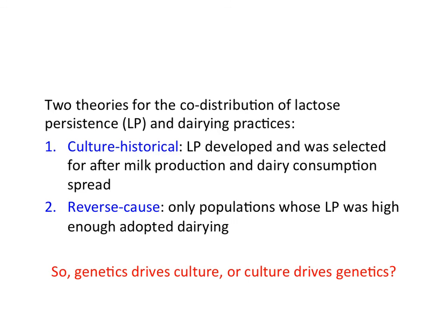So that's led to a couple of questions and a couple of hypotheses about how our culture and our environment and our genes interact. So here are 2 of the leading hypotheses. You don't need to remember the names of the hypotheses. I'll just put them there for completeness. The first, this one here: we started dairying, and in the presence of a culture where there was milk available, those random individuals that had mutations that allowed them to produce lactase into adulthood were selected for.